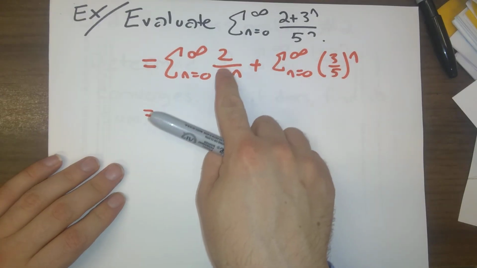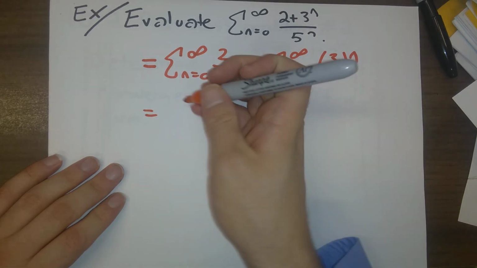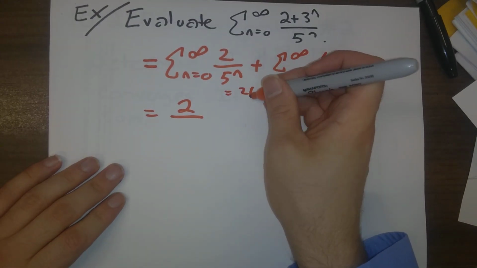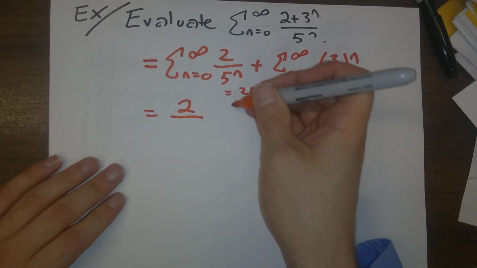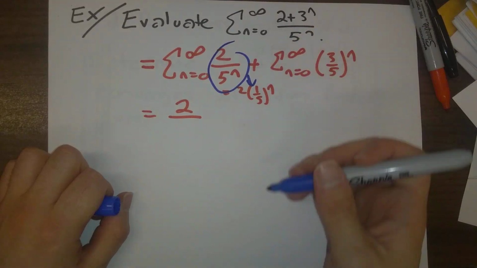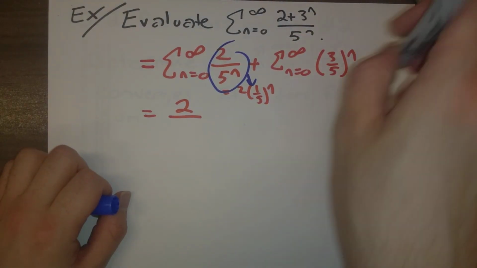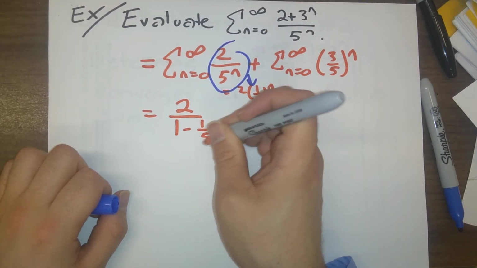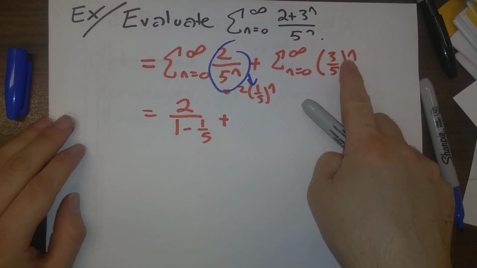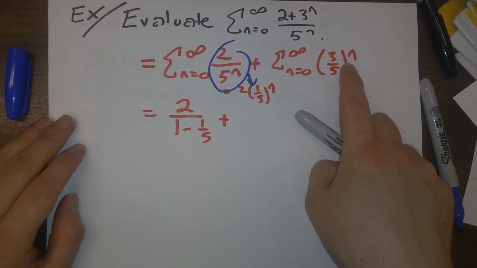So here, C, the first term, is going to be 2, and R, so this is 2 times (1/5)^n, is going to be 1/5. So 2 divided by 1 minus 1/5, plus the second series, where the C, the base term, is going to be 1.